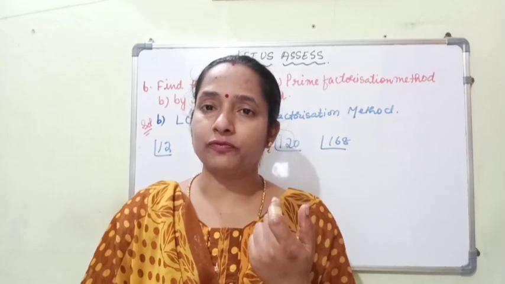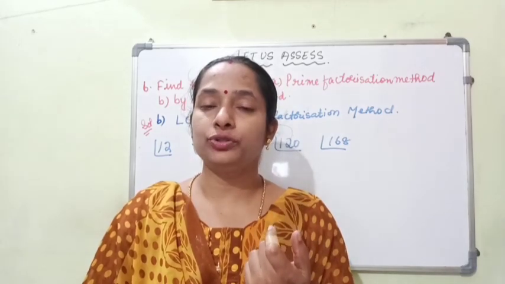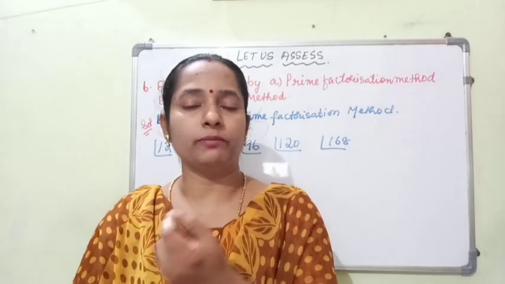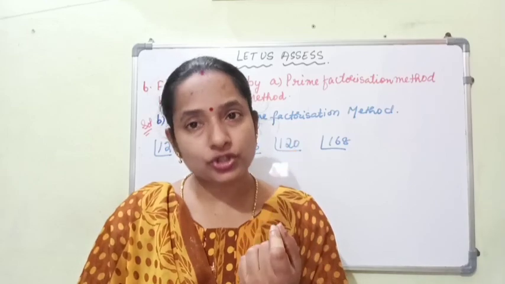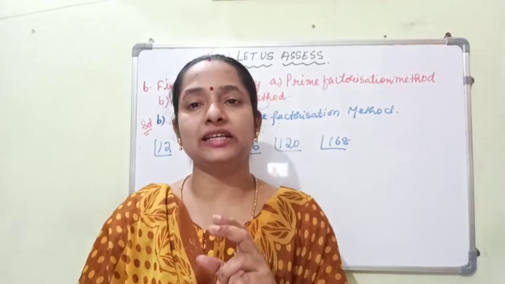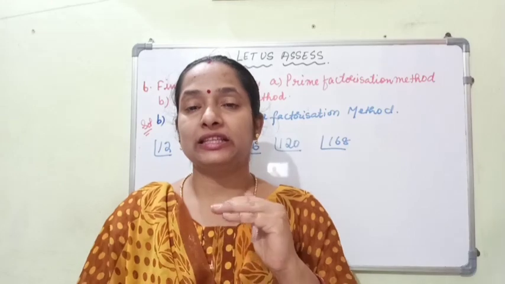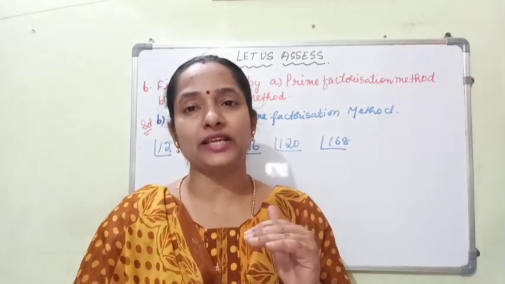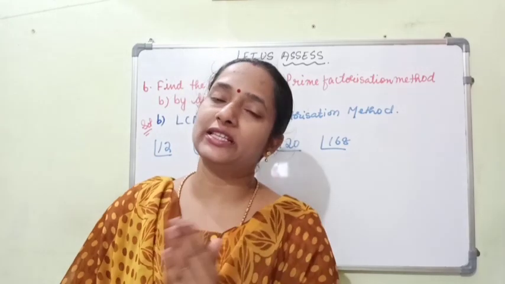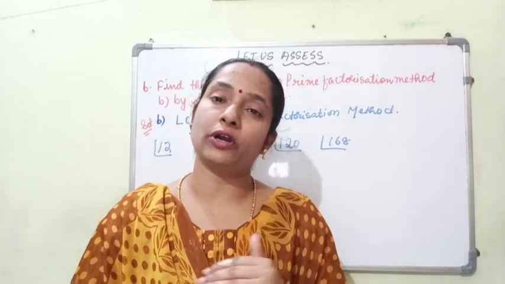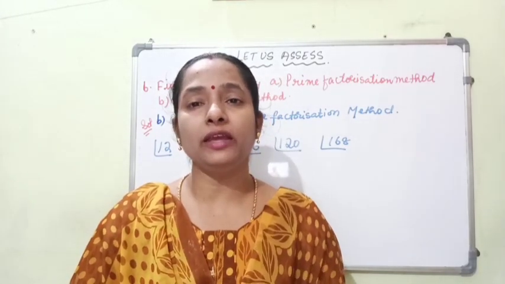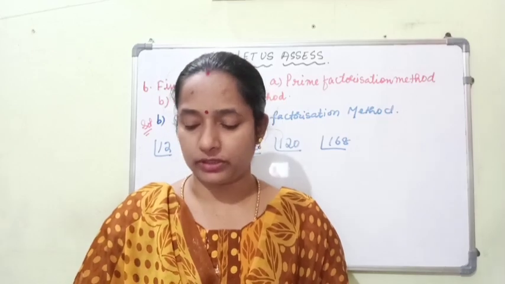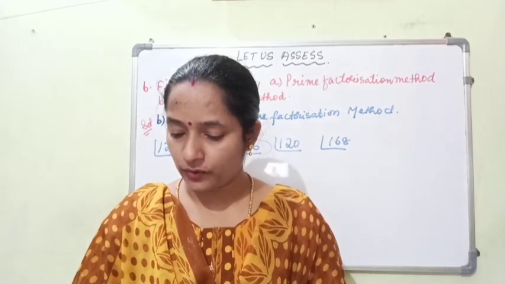The product of those common factors is considered the HCF, whereas the product of all the factors, the common factors as well as the uncommon factors, will be the LCM of those numbers. So you find this one also.